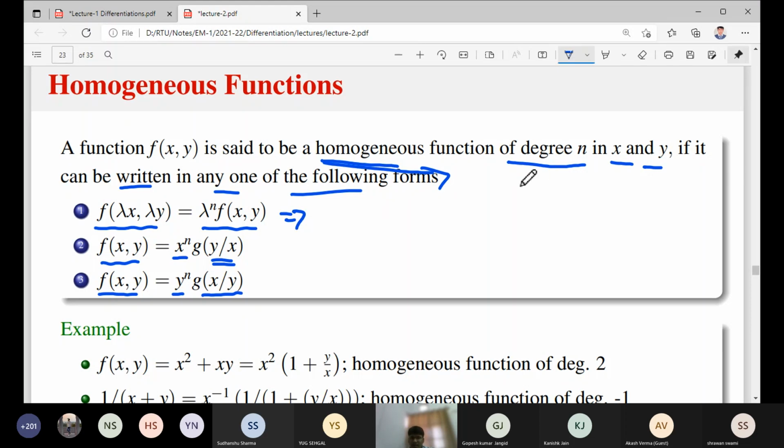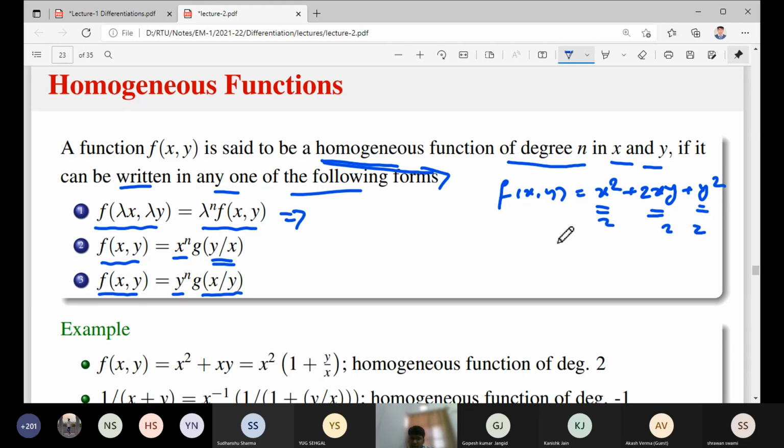For example, f(x,y), this is our given function, and suppose this is x square plus 2xy plus y square. So now you can see that this function is homogeneous of degree 2. Why is it degree 2? Because the first term is of degree 2, the second term is again degree 2, and the third term is again degree 2.